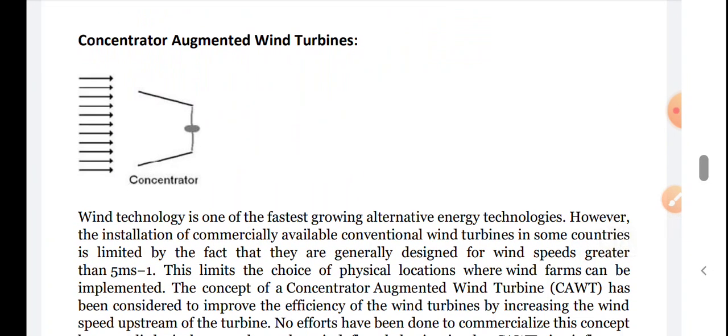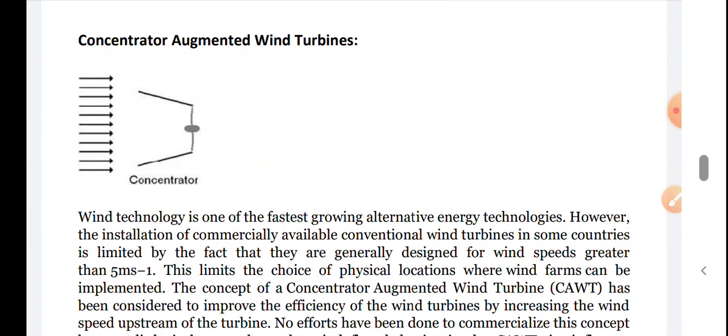Concentrator augmented wind turbine is another technology which can be implemented in the design of the wind blades, though the use of this is very limited till date because of a few factors.